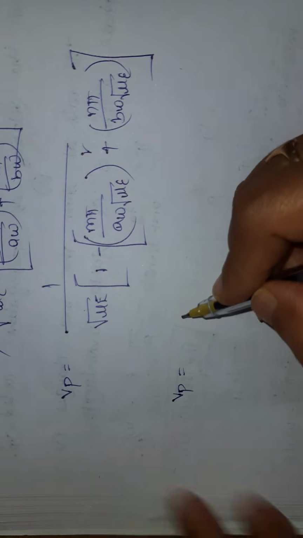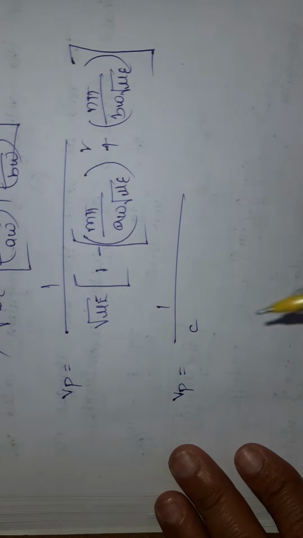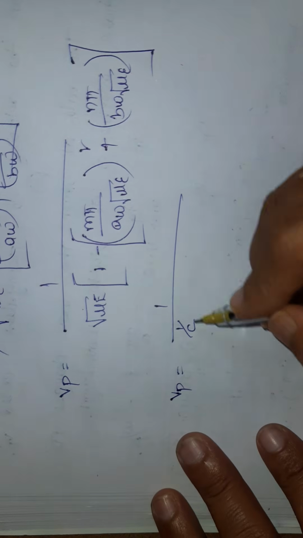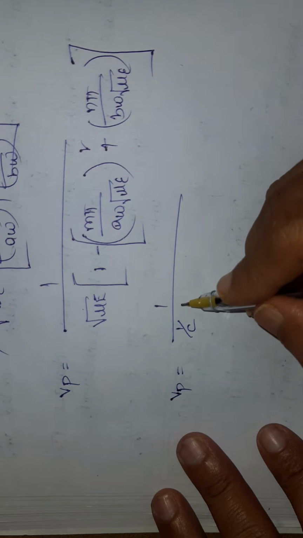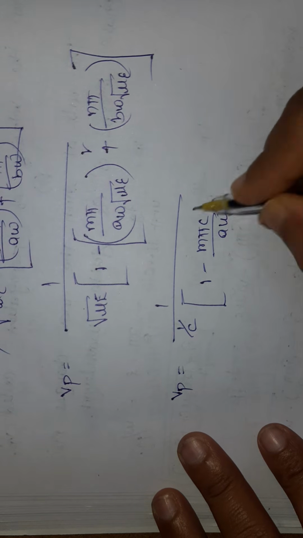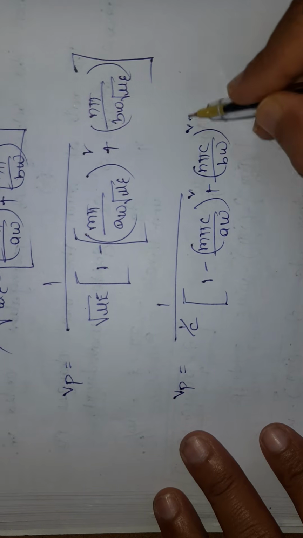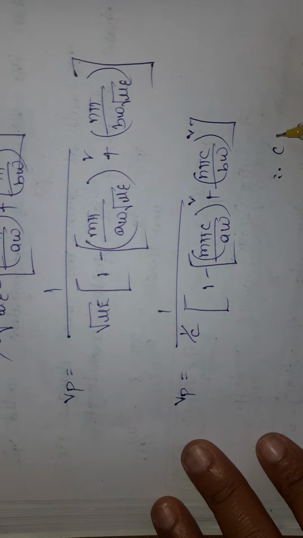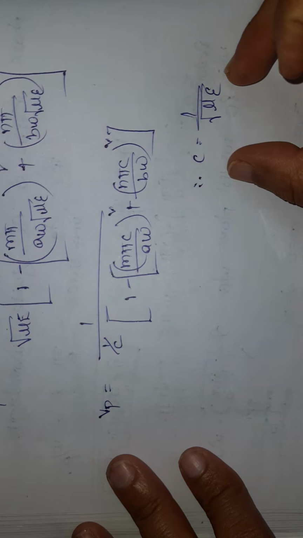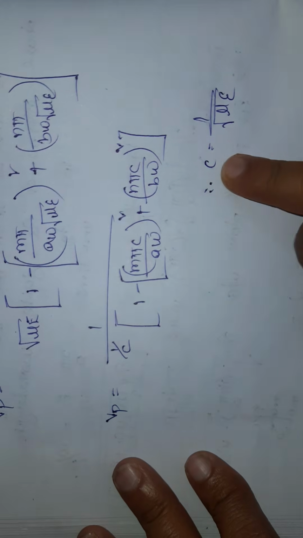So phase velocity is equal to 1 by square root of mu epsilon, which is nothing but c. Here I am writing it as 1 minus m pi c by a omega whole square plus n pi c by b omega whole square. What is c? c is nothing but 1 by the square root of mu epsilon. Just I have replaced. So wherever I am having 1 by square root of mu epsilon, I can write it as c.